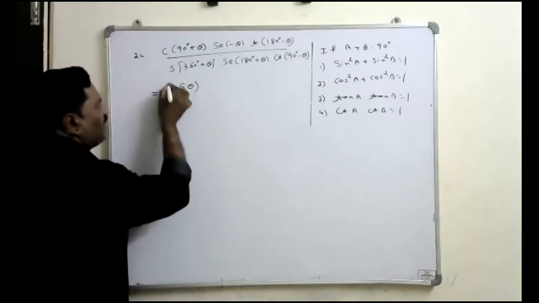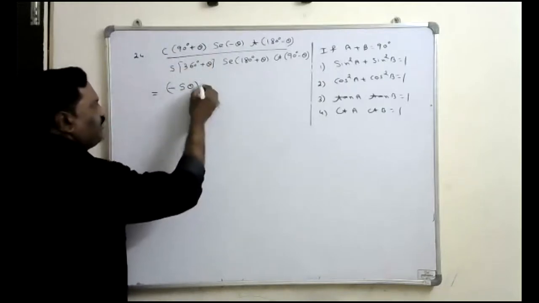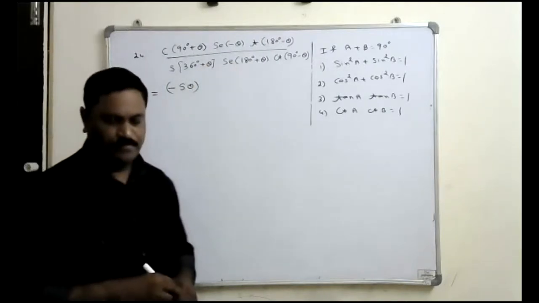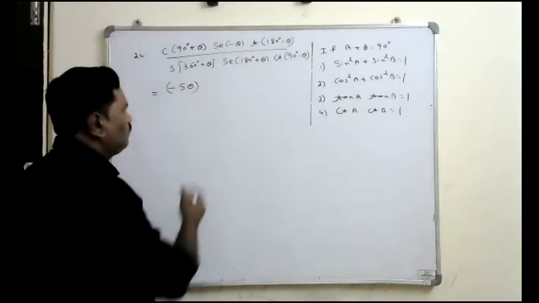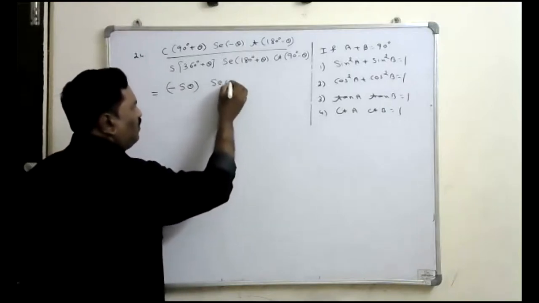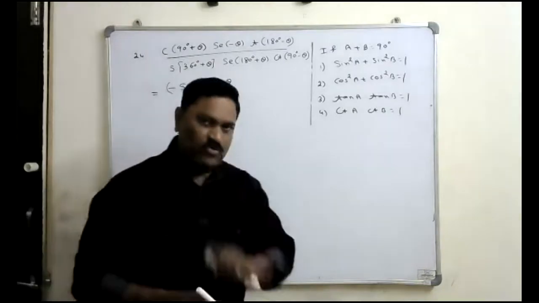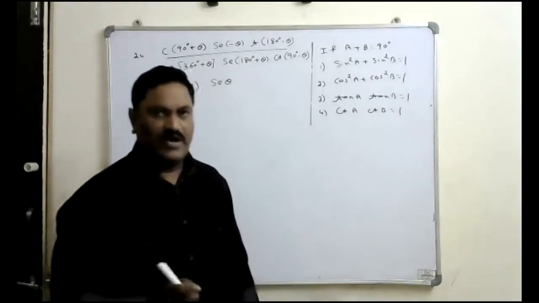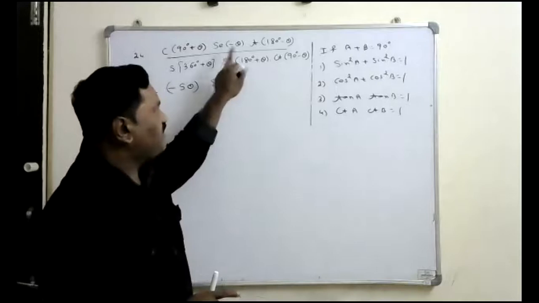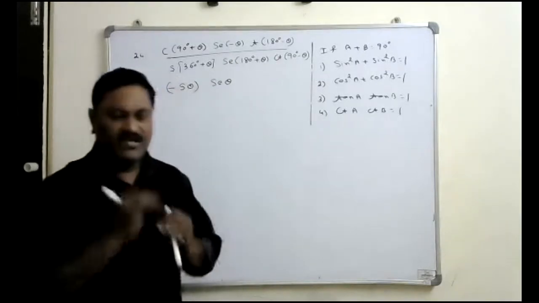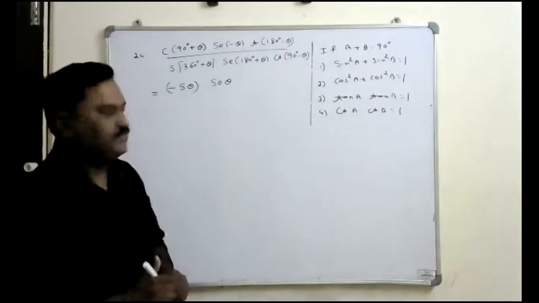That is minus sine theta. This value is minus sine theta into the secant of minus theta. The angle minus theta lies in the fourth quadrant, where secant is positive. That's why cos of minus theta becomes cos theta, and secant of minus theta becomes secant theta.